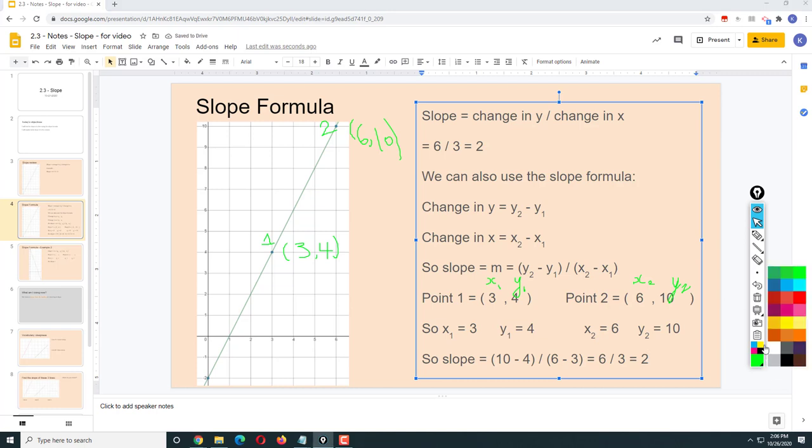And we can see why this works. 10 minus 4 is really just this one minus that one. How much we go up? 1, 2, 3, 4, 5, 6. 4 to 10. 6 minus 3 is really just this one minus this one. We're going 4, 5, 6, so the change is 3. So that's why they are the same.